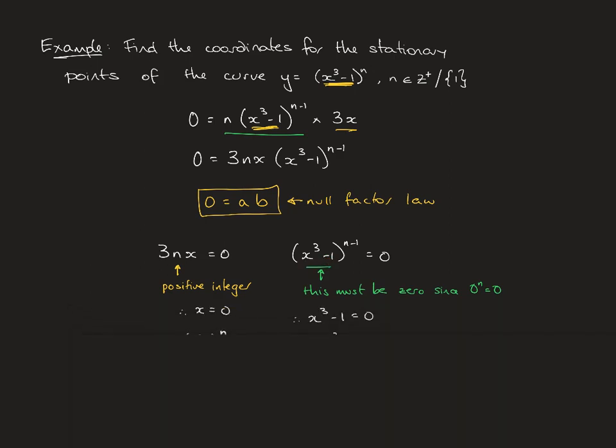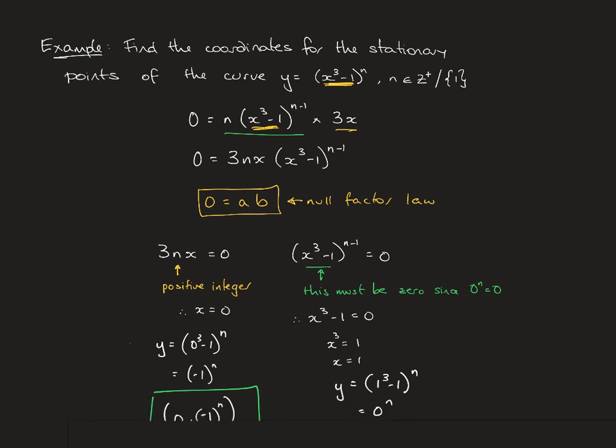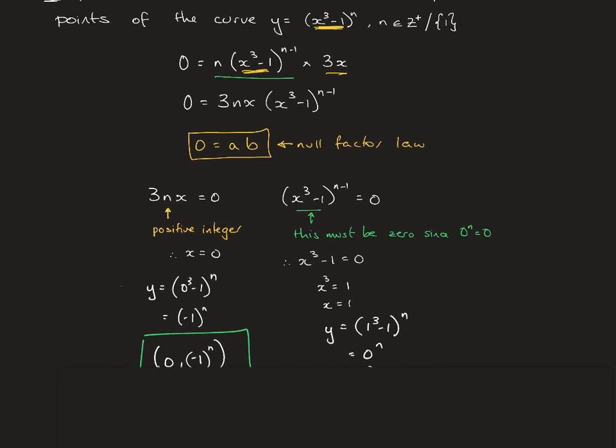And so we get, for the first one, x is equal to 0, and for the second one, x cubed minus 1 is equal to 0. So again, solve for x, find your y by substituting in, and you will end up with 2 points.